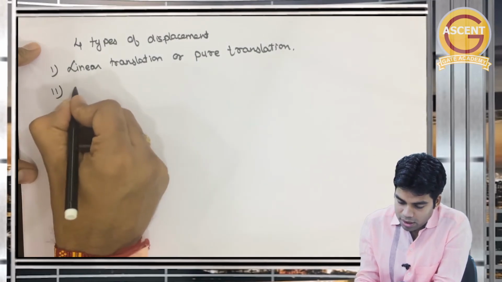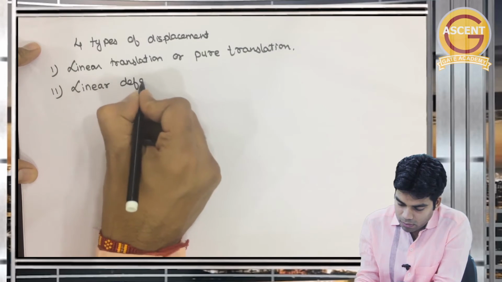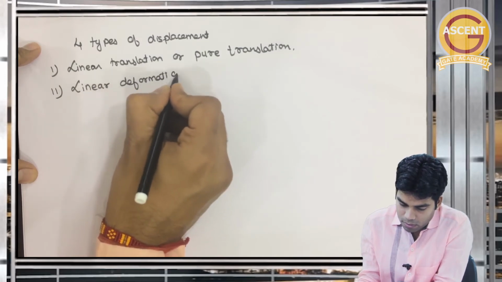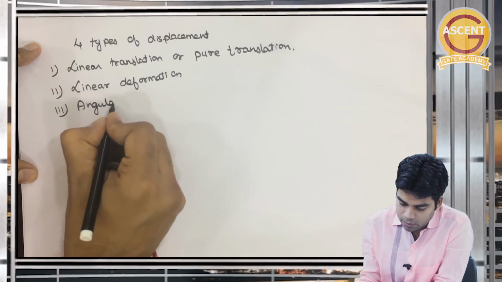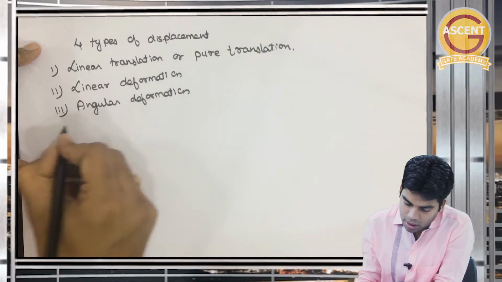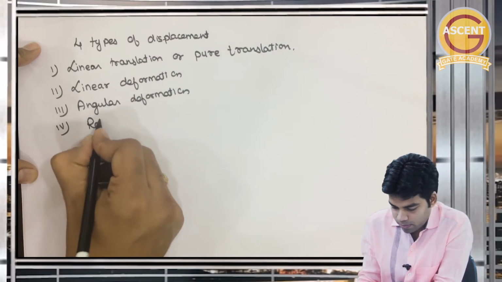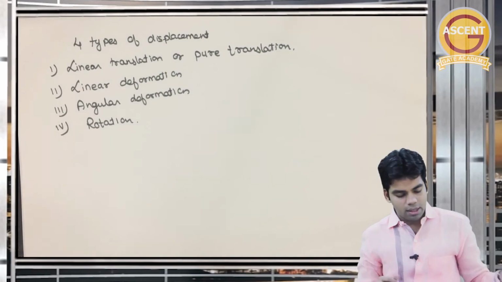Second is the linear deformation. Third is angular deformation. And the last one is the rotation. So these are the 4 types of displacement if any body is moving.